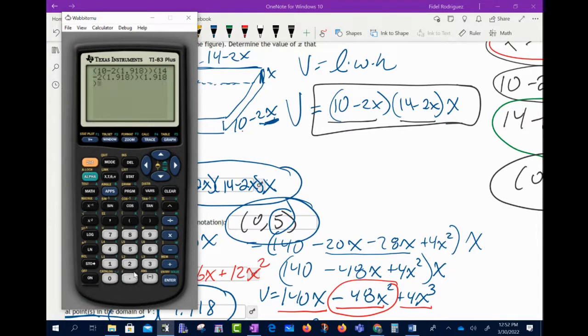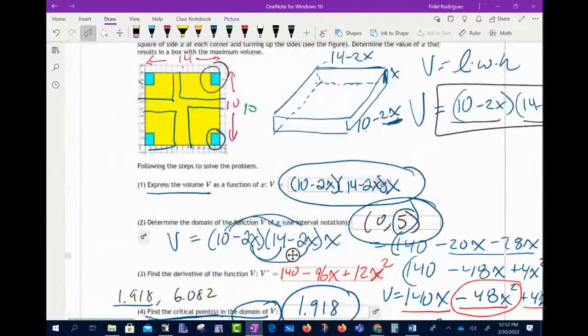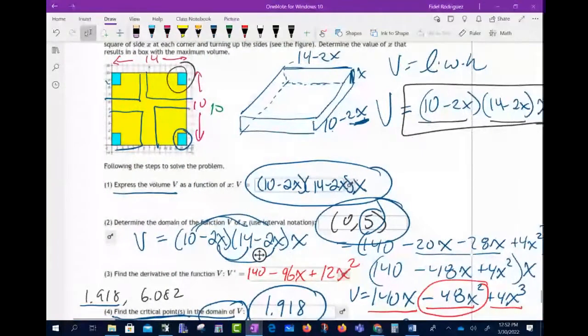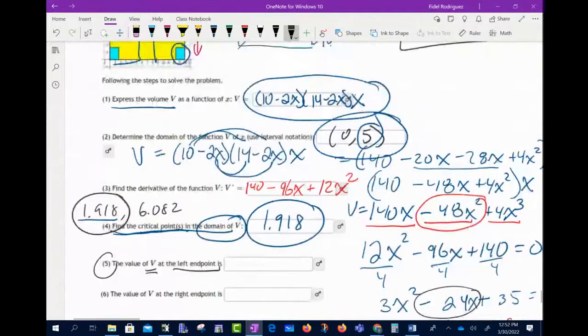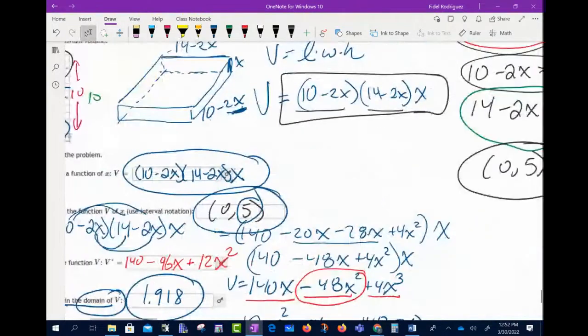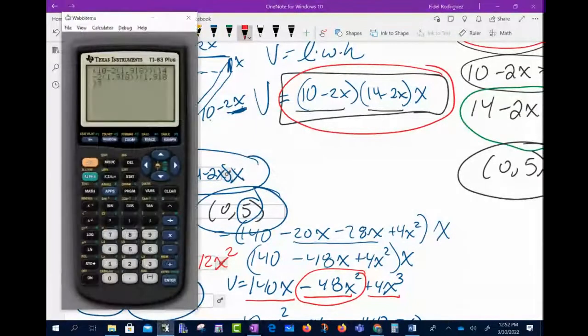Okay. Yeah, so remember, look at the directions for part 5. It says, what's the value of the volume at the left endpoint? So if we were to take this number here and plug it into my original volume equation, which was this one right here. So all I'm doing is plugging in 1.918. I want to show you what I did. Look, I have 10 minus 2 times 1.918, right?